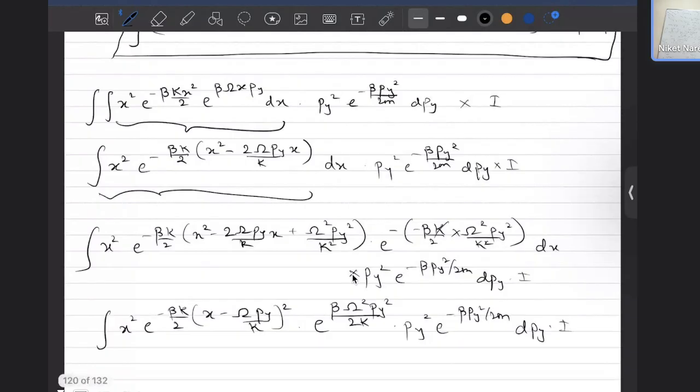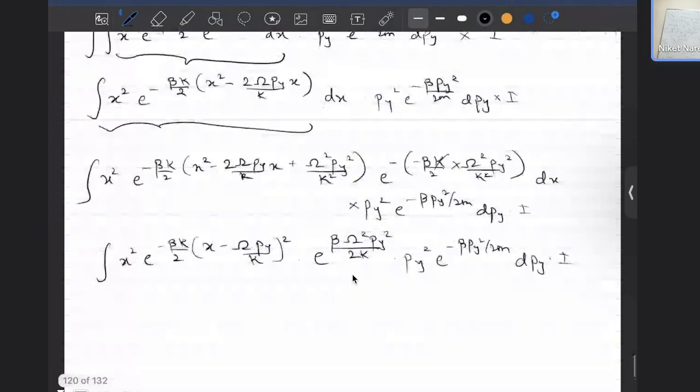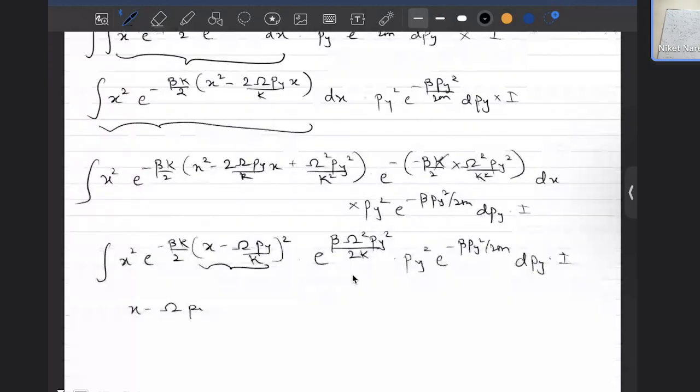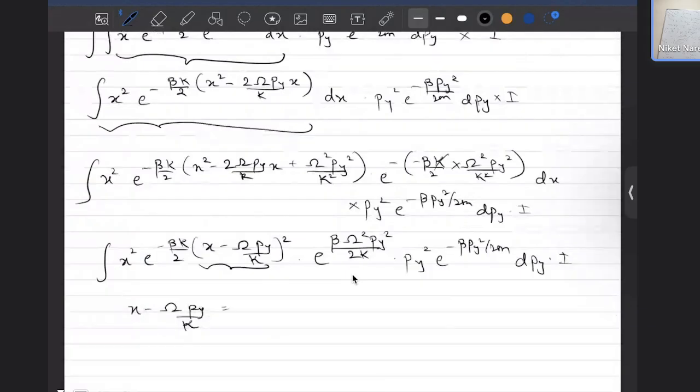Now x minus omega py by kappa is a new variable, say alpha. There is a dx also somewhere which I missed out. So dx is just equal to d alpha; dx basically does not change, but my x now is different.